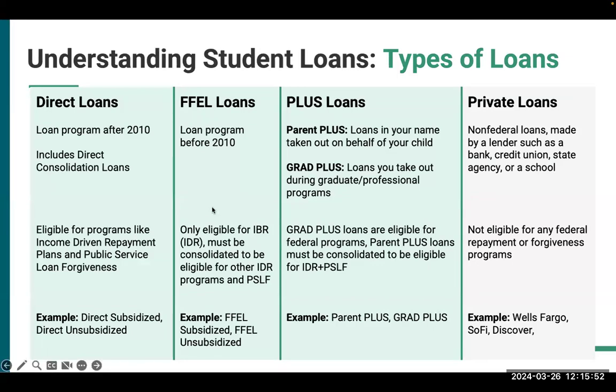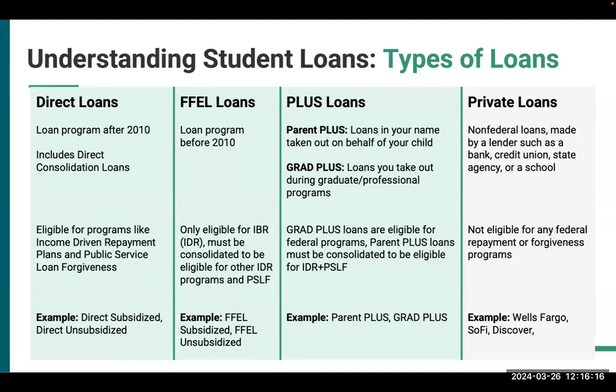All right, now on to Grad PLUS loans. So Grad PLUS loans, as the name might imply, are loans given to graduate or professional students. And these loans are eligible as is for programs like income-driven repayment and public service loan forgiveness. So they require no corrective action like consolidation in order to become eligible, all right?